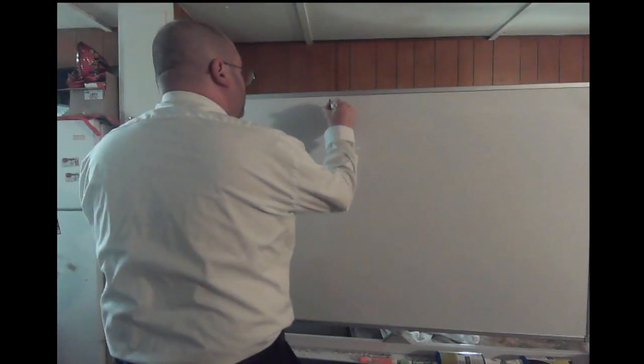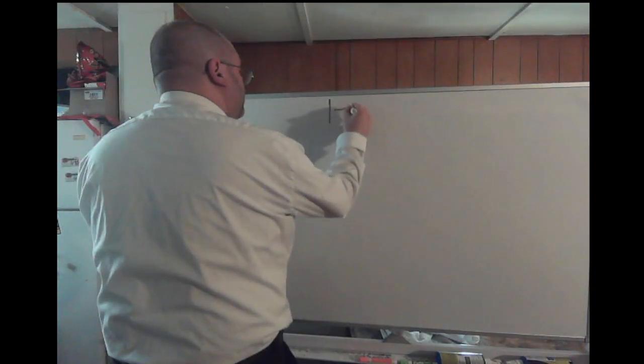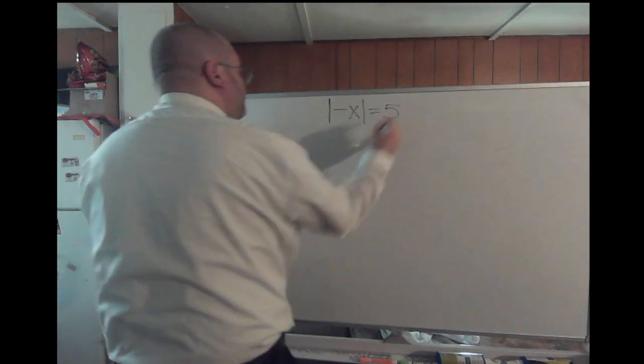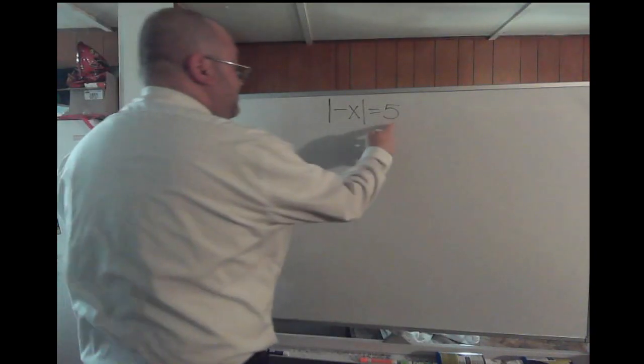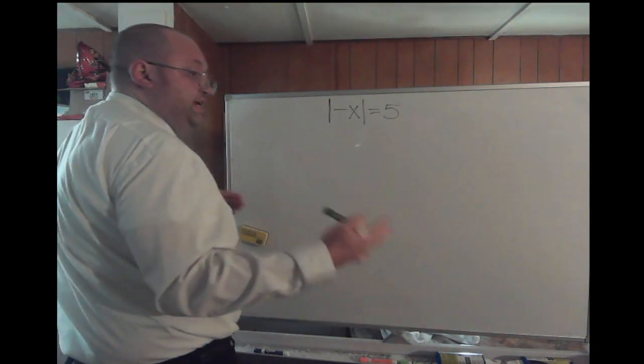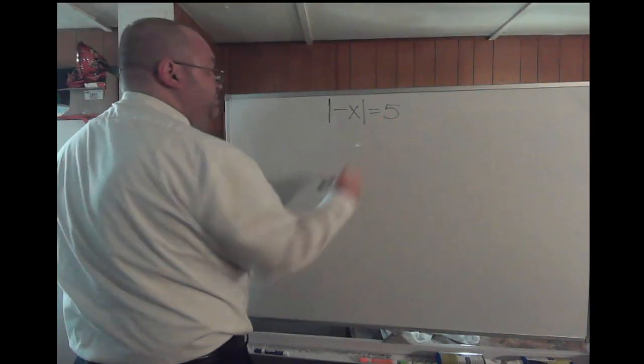We have the absolute value of negative x equals 5. The right side is positive because whenever you take the absolute value, the answer is always positive.